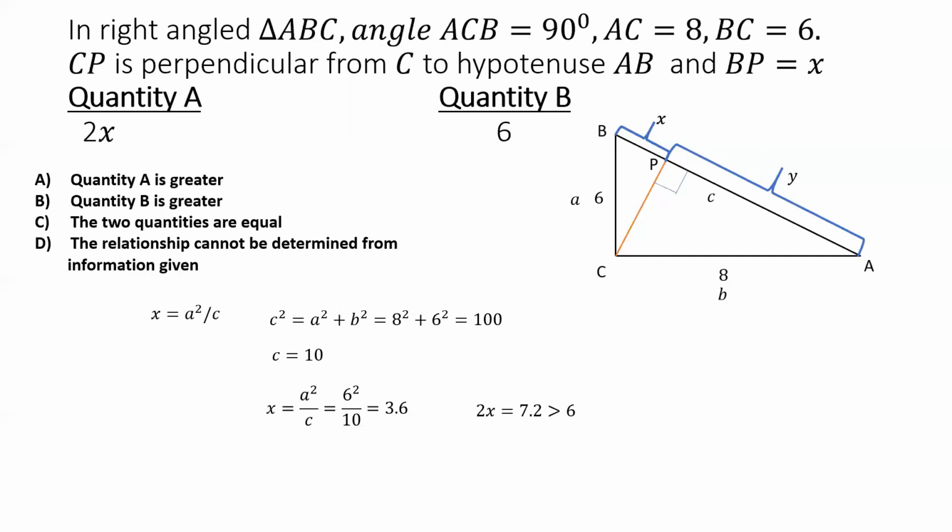And that will make 2x equal to 7.2, which is greater than 6. So the correct answer will be quantity A is greater. So remembering these relationships basically allows you to solve this problem in a minute or even less than a minute.